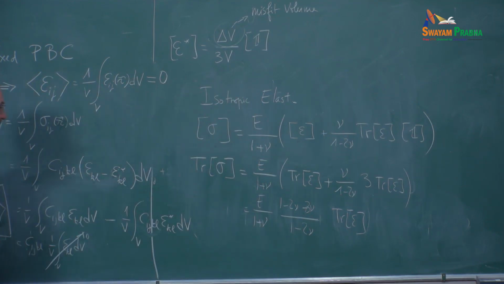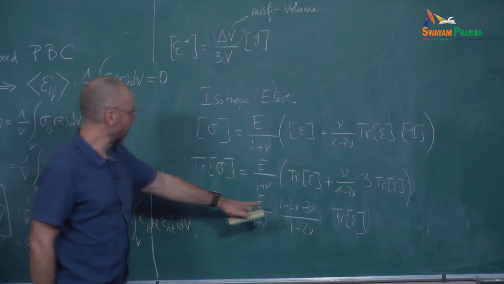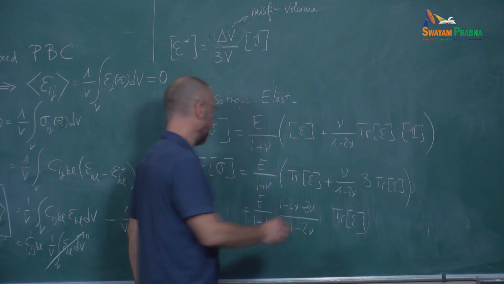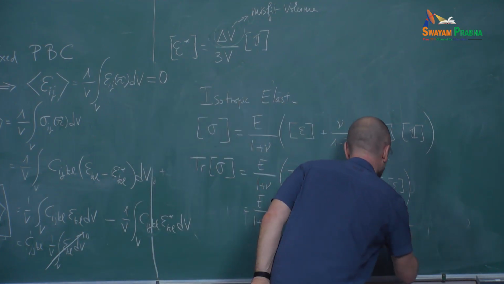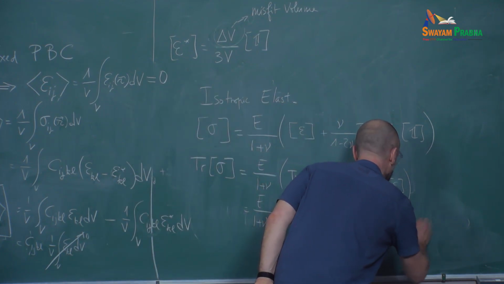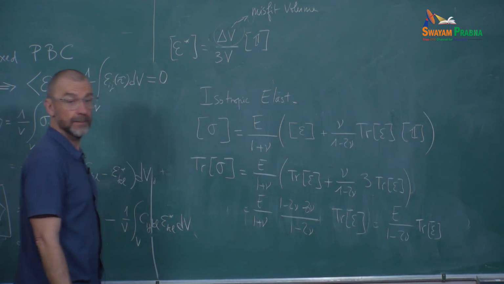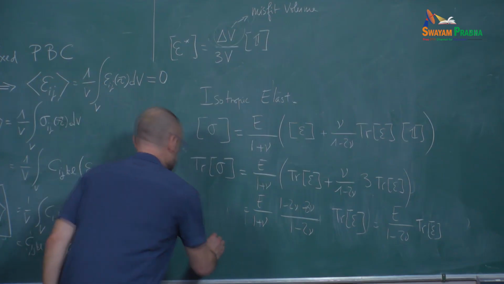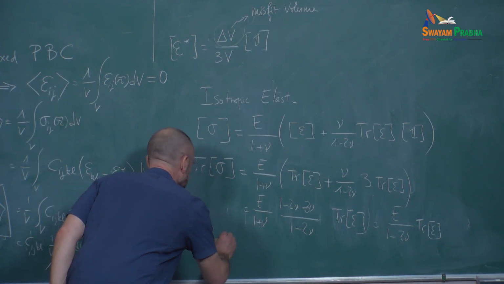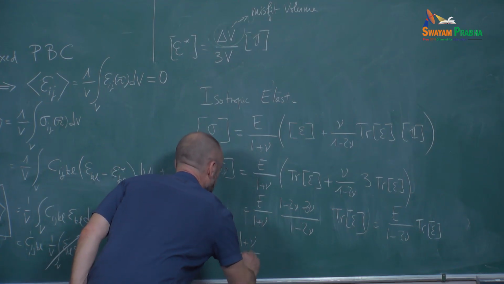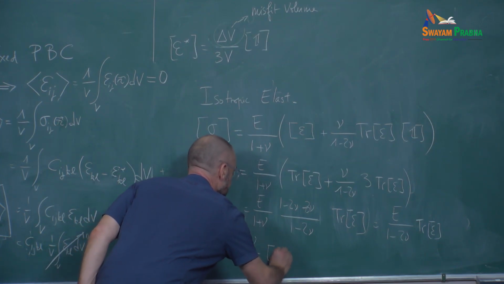Thank you. So that's going to be 1 plus nu, which simplifies with this one. So what I get is E over 1 minus 2 nu, trace of epsilon. And now here, I simply say that epsilon is equal to 1 plus nu over E times the sigma.